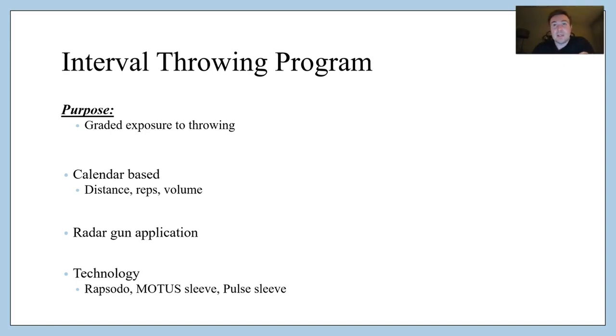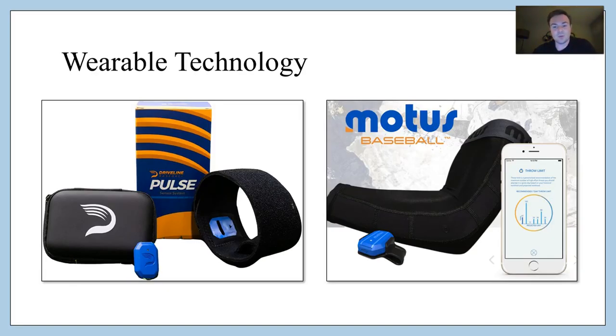Rapsodo, which is a ball tracking system that looks at spin rate, spin efficiency, things like that, kind of a higher level deal. A lot of pro teams and clubs have. And then the Motus sleeve, now known as the Pulse sleeve, is basically an accelerometer you wear on your elbow, rather your forearm, and when you throw, it picks up data that tells you arm speed and some other metrics that helps you objectify a return to throwing program. This is what those look like.